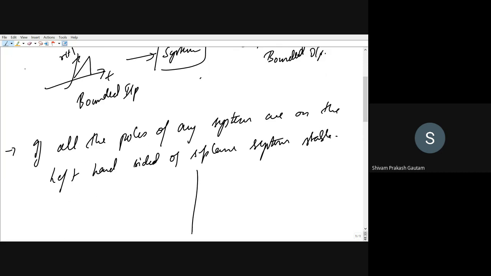Given an S-plane, if you know where our poles are, let us suppose this is our S-plane, and all the poles are lying on the left hand side of the S-plane, then in this case our system is said to be a stable system.